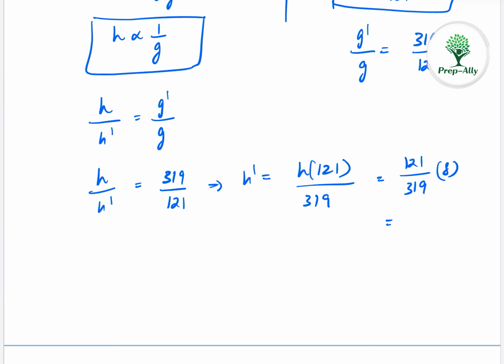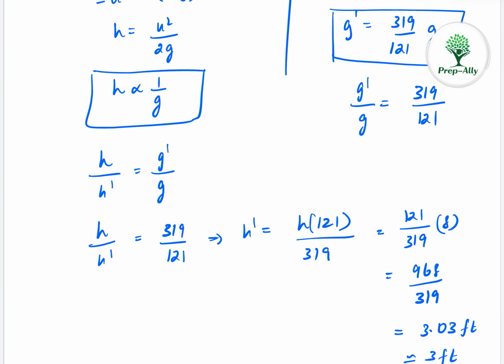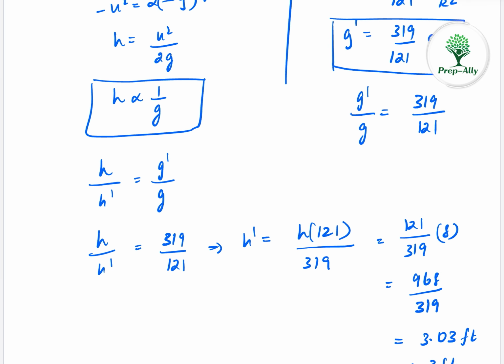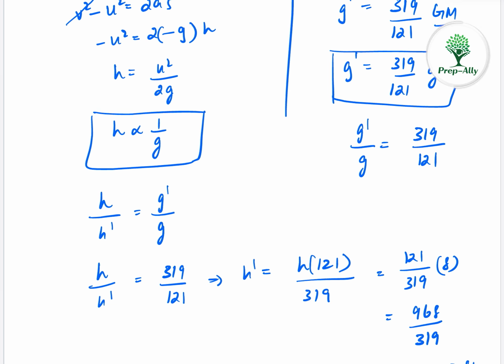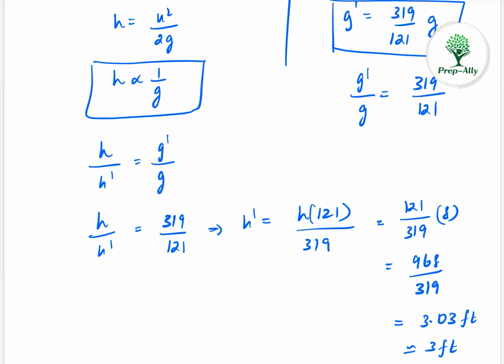So now let us calculate this value. 121 into 8 will be 968 divided by 319. It comes out to be around 3.03. So we can approximate it as 3 feet, which means he can jump as high as 3 feet on Jupiter if he can jump 8 feet on Earth, when we know that Jupiter is 319 times heavier than Earth and 11 times larger than Earth. Okay, that is the answer.